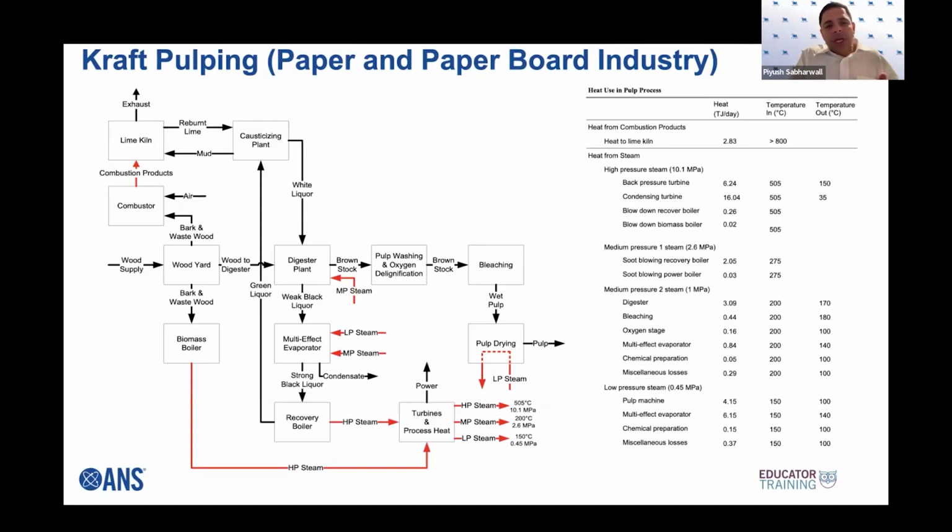And most of the time, the main use of the reactor, more than electricity, is in the drying process. As you can see here, when it goes through this biomass boiler into the turbines, we have high pressure, medium pressure, low pressure steam. So instead of this boiler, depending on the size of the power capacity required at a particular plant, either an SMR could be a good fit or a microreactor, right?